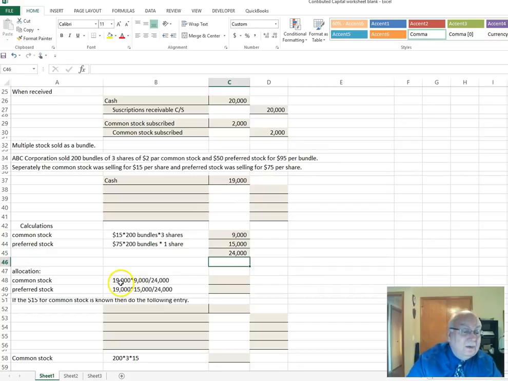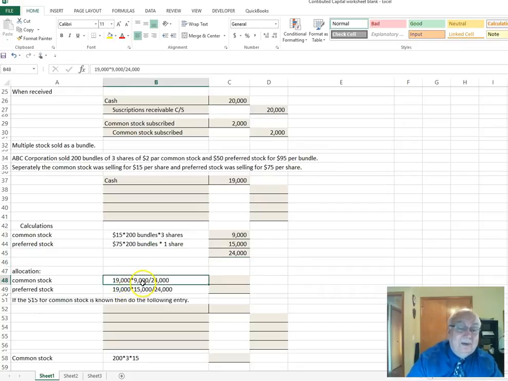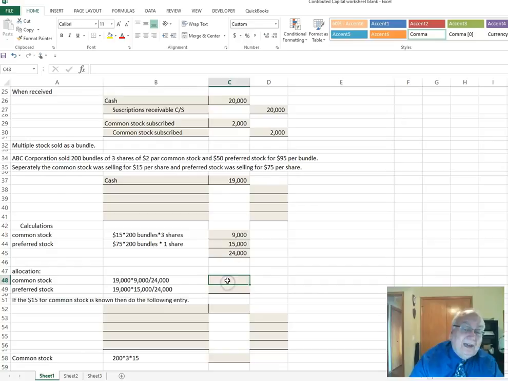So down here, the 19,000 is what we have, times the 9,000 divided by the 24,000. So we're allocating that 19,000 between the two.